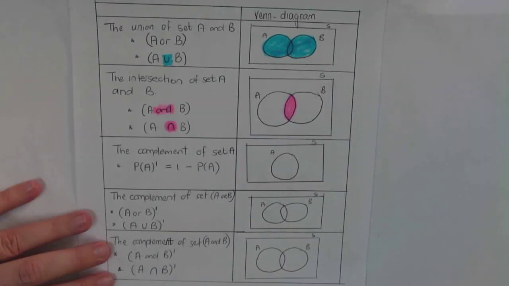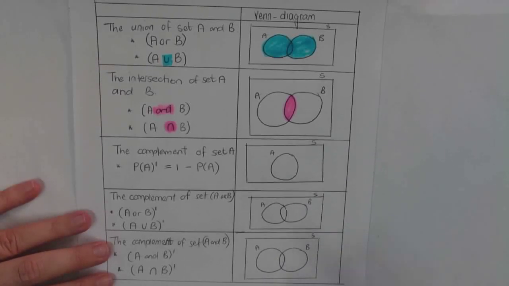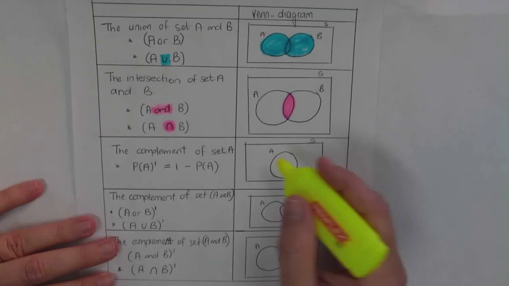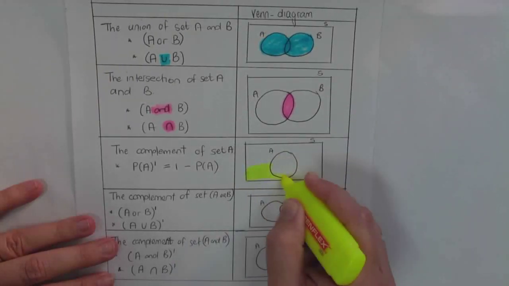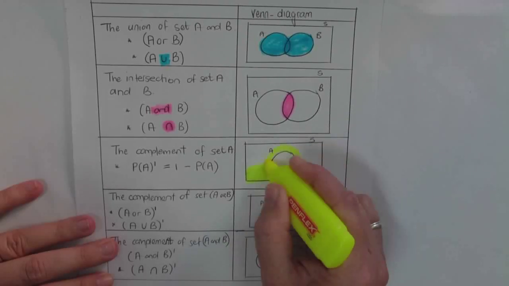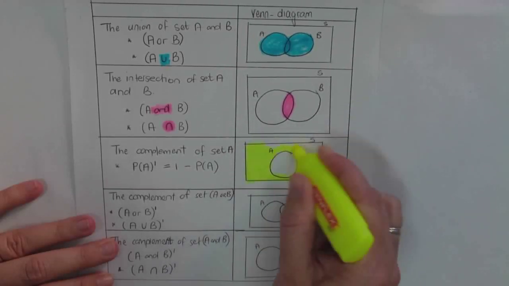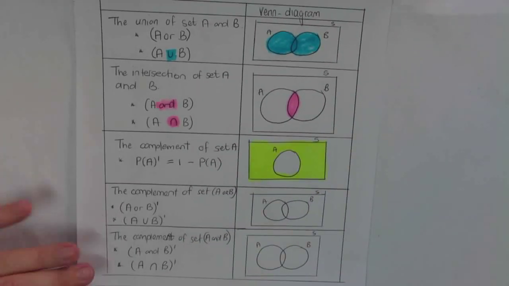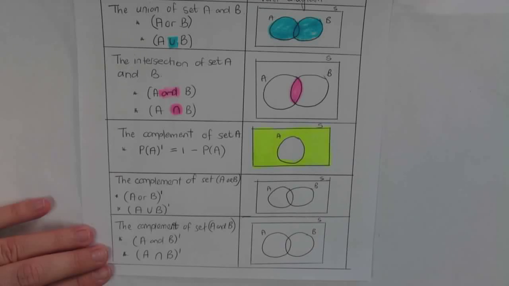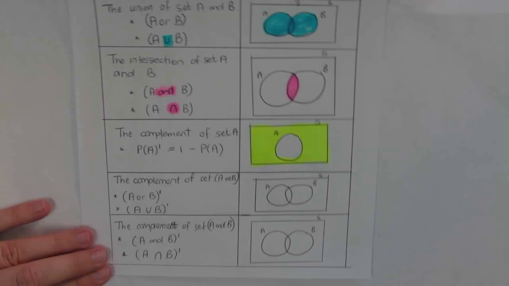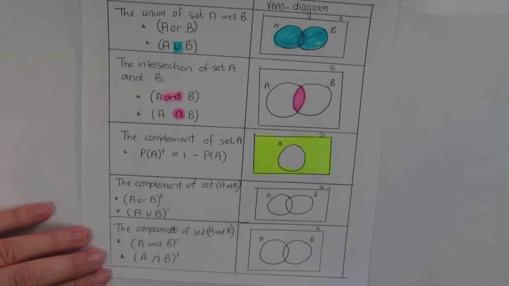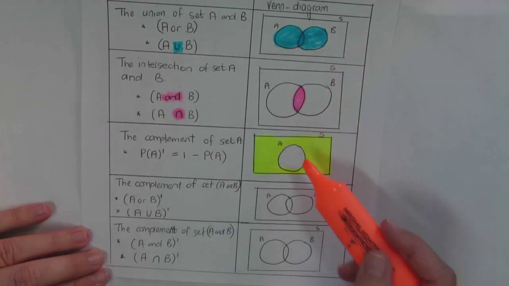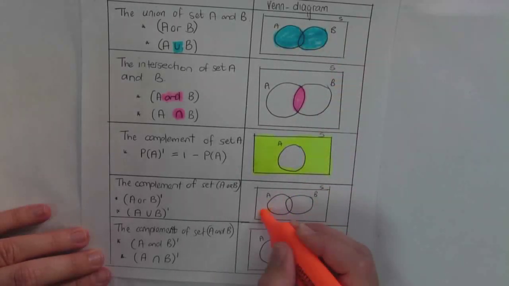Right. The complement. We just spoke about the complement. The complement is everything but. So the complement of set A is everything, don't go into the circle, everything but the event. Right, the complement of set A or B. So where is A or B? A or B we just saw is both circles.